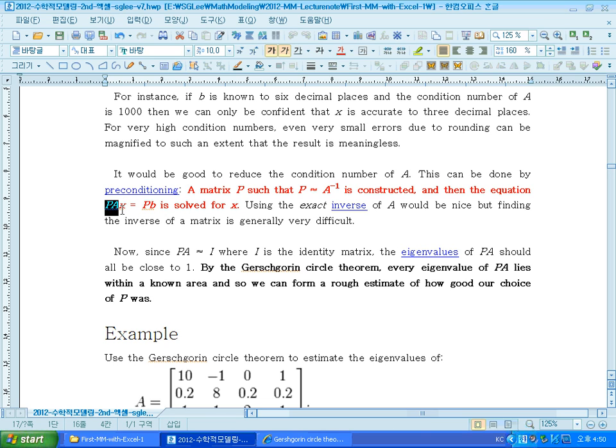That means X equals PB is an approximation for the linear system of equations AX equals B. So you can easily find the approximation of the solution by just multiplying that P to the vector B.